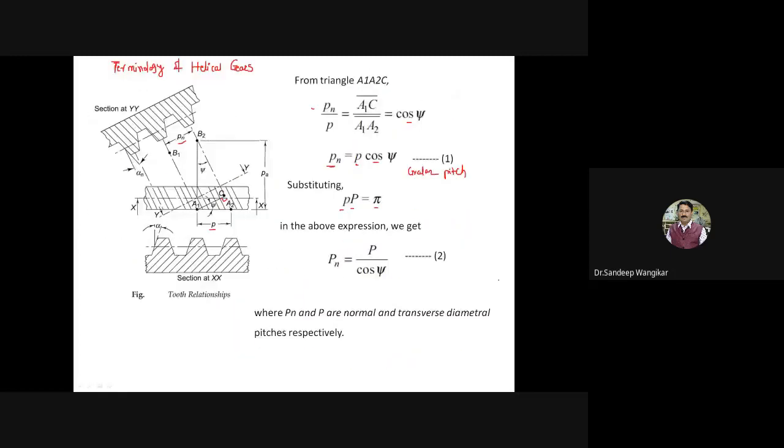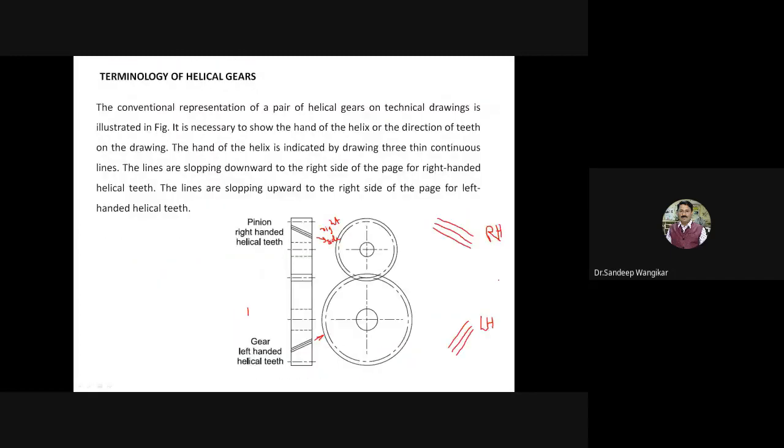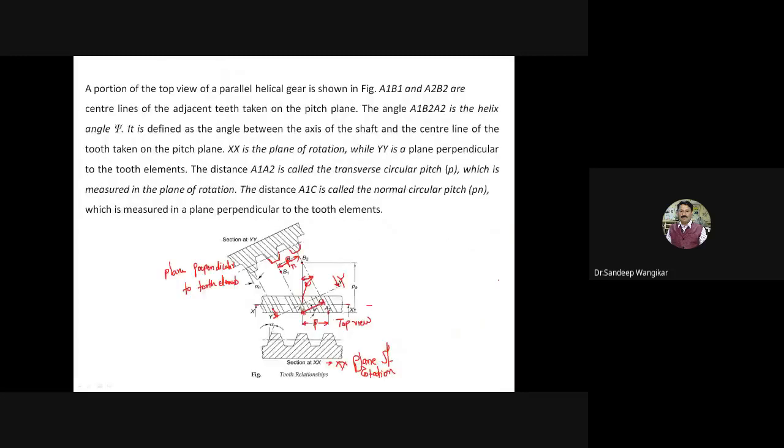So here now, in short, within 1 minute, I will highlight a few points. This is the normal view taken from the upper side, and this is the top view, whatever is shown, and the plane of rotation.